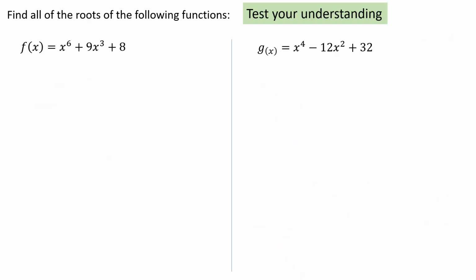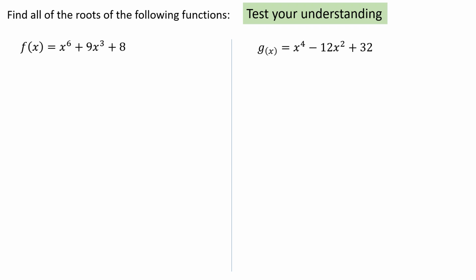Now pause this video, try yourself and test your understanding. f(x) equals x to the power 6 plus 9x cubed plus 8. How do we do this one? I'm going to show you the substitution method.